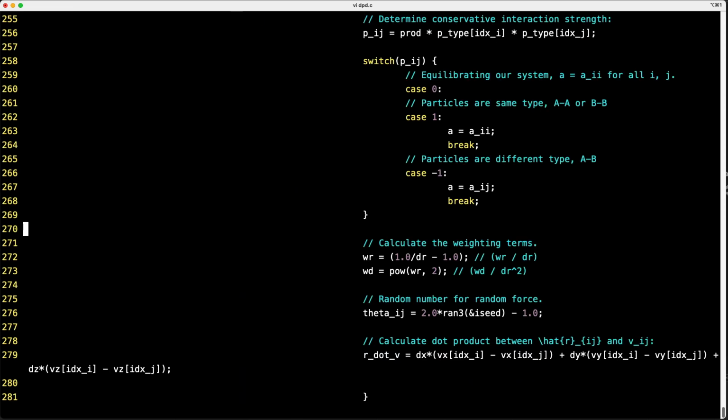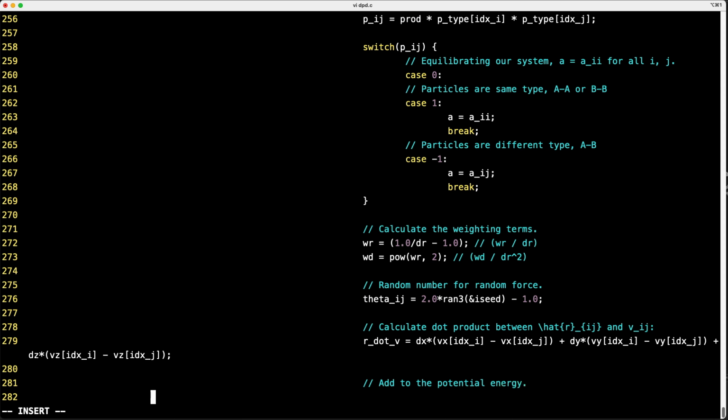So we've got the strength of the forces, we have the random number, we have the dot product between r hat ij and v. So what can we do? Let's add to the potential energy. So the potential energy plus equals, the random and dissipative forces overall should cancel out.